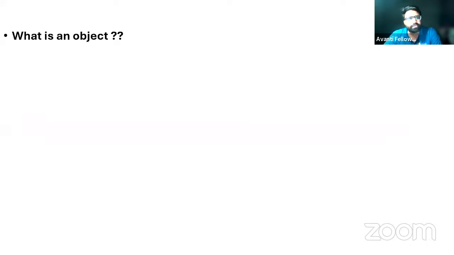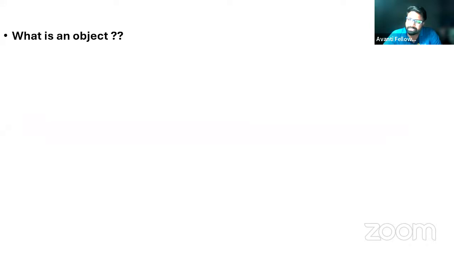Now firstly we will introduce what an object is. So an object is nothing but the actual form or the virtual form of the divergence or convergence of rays. In simple words, what does an object mean?